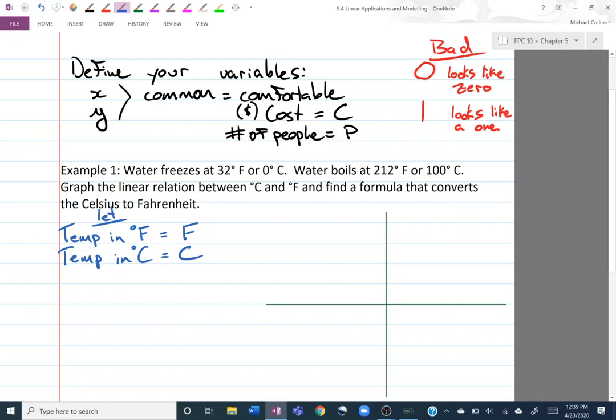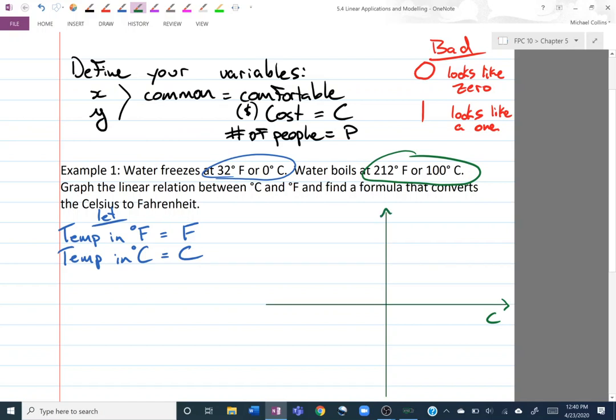So we have water freezes at 32 degrees Fahrenheit and 0 degrees Celsius, and water boils at 212 degrees Fahrenheit or 100 degrees Celsius. I'm going to make this axis, which is normally my x-axis, my C-axis.